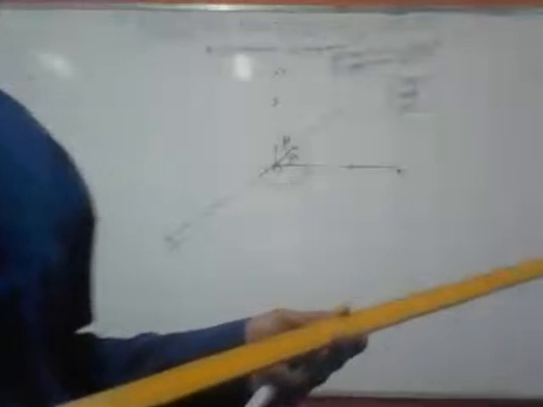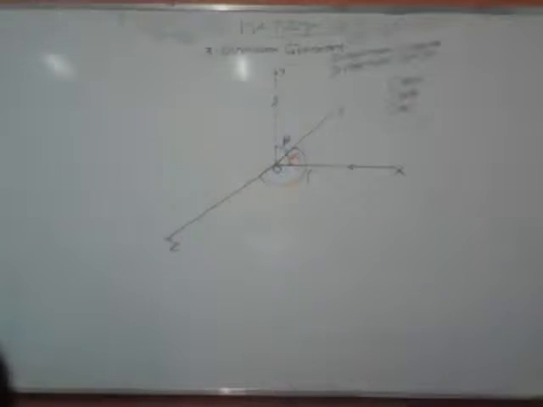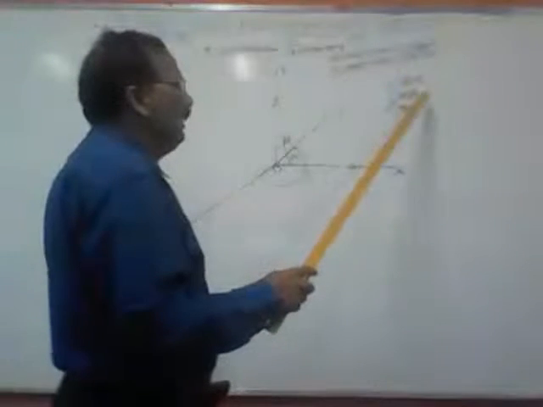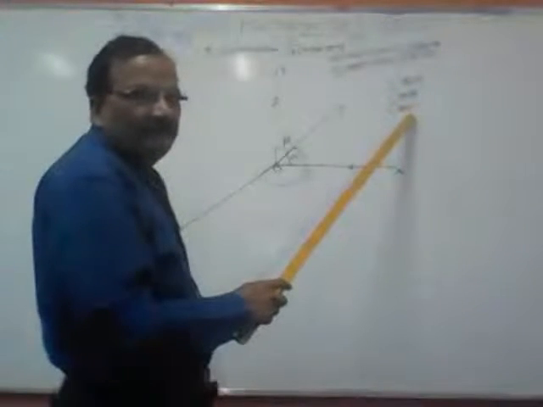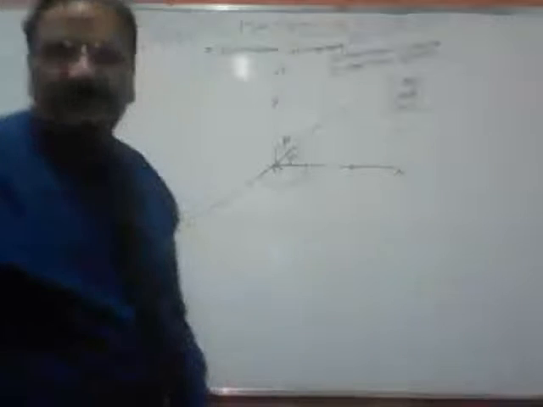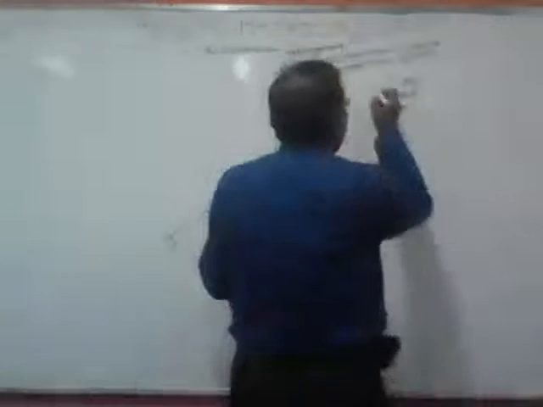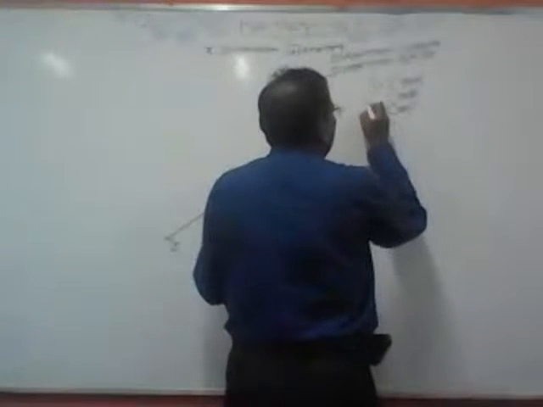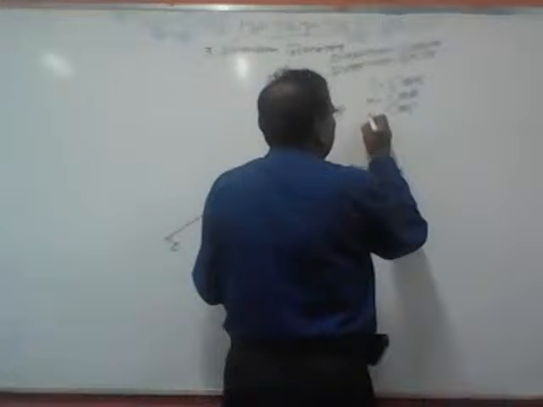Then cos alpha, cos beta, cos gamma are called the direction cosines of the line. The direction cosines are usually denoted by L, M, and N. It means L is equal to cos alpha, M is equal to cos beta, and N is equal to cos gamma.